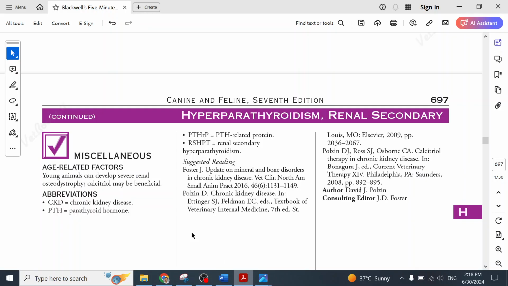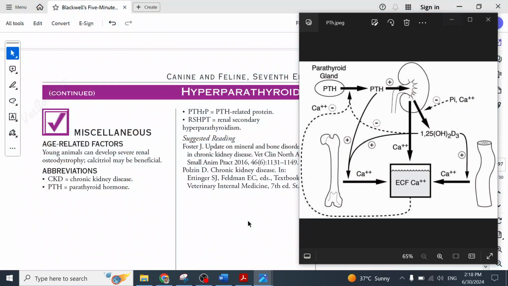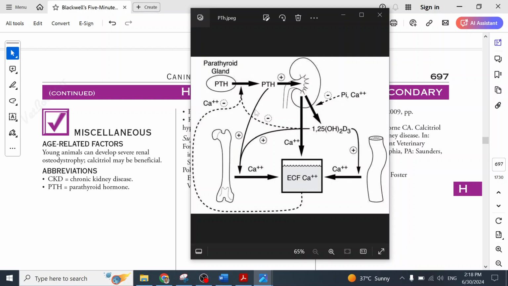The last thing about hyperparathyroidism I want to explain is the normal physiology of the parathyroid gland, in which the parathyroid hormone acts on the kidney to produce calcitriol, 1,25-dihydroxy vitamin D3.